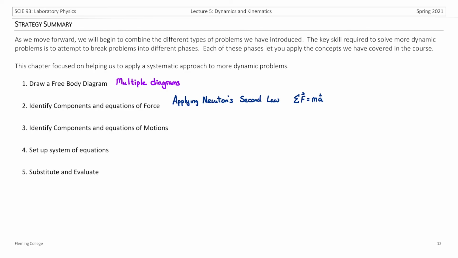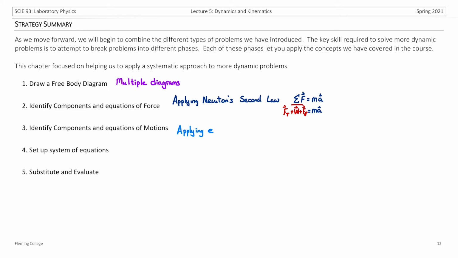And one of the tricky conceptual features here is that this sum of forces often gets replaced with force of tension and weight and friction in some combination depending on our scenario. Because our problems are beginning to be more dynamic, we consider the forces phase of our setup and the motion phase of our setup separately.